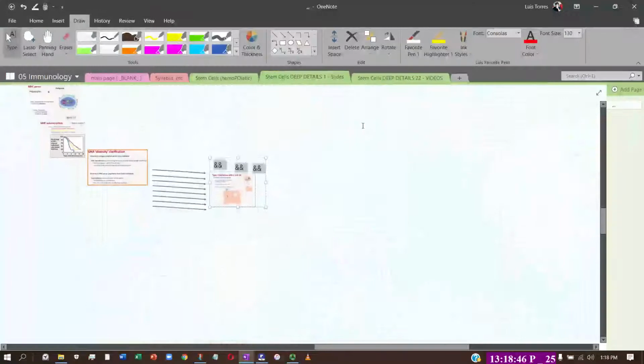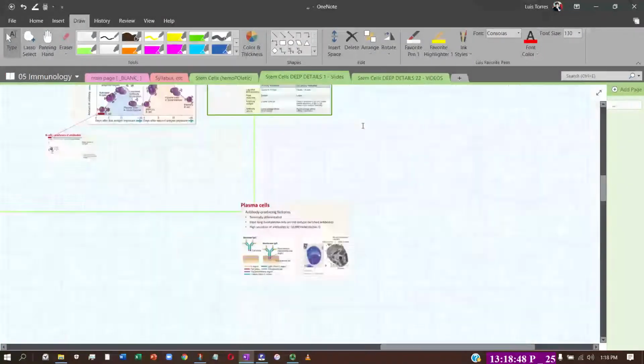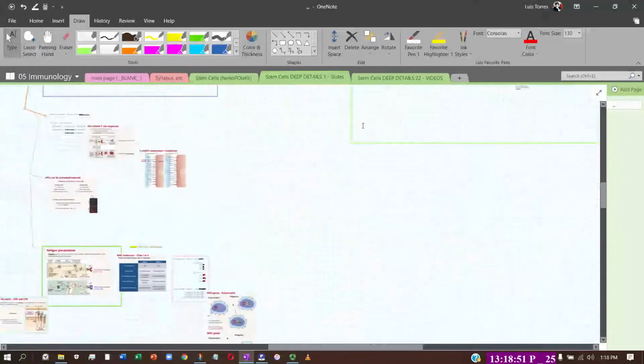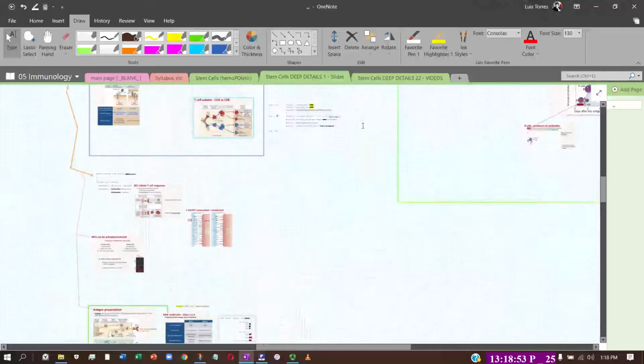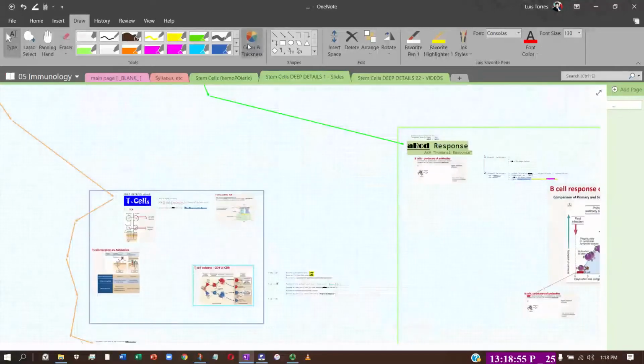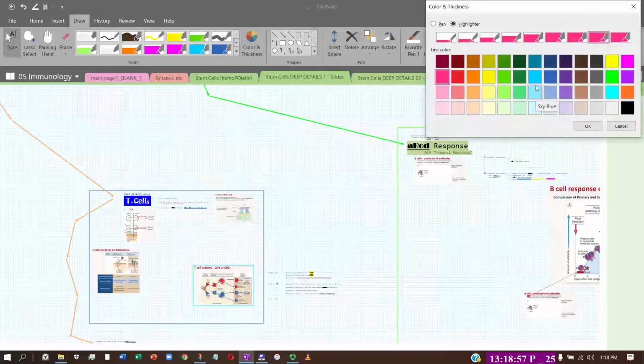Let's draw a circle around this concept so that you don't get confused. We use a pen.